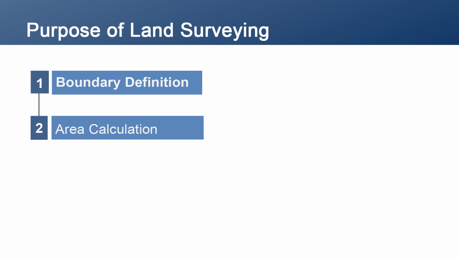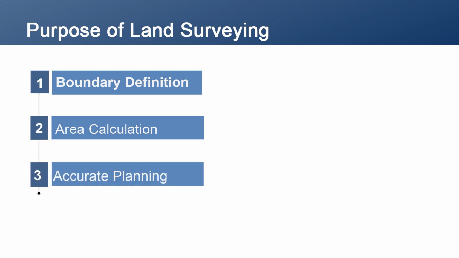Next, if you need to know how big a plot of land is, a survey will provide the precise area measurements, which is important for everything from buying to selling land. Third, surveys create detailed plans of land plots. Whether you are laying out a new factory or designing a park, a precise plan is essential.